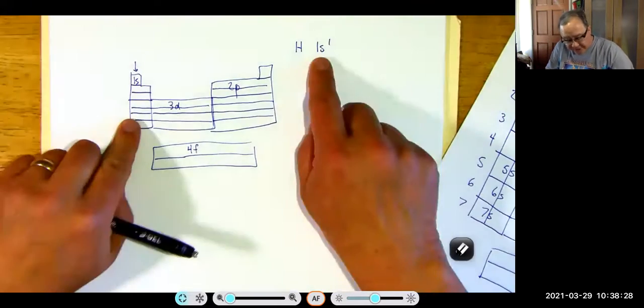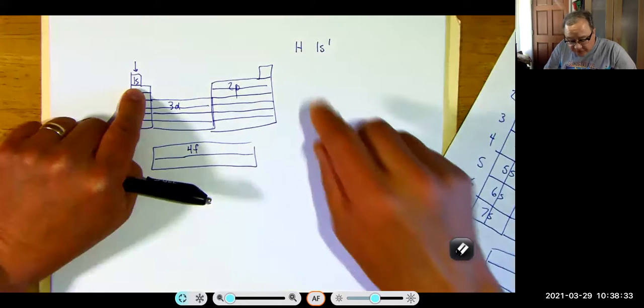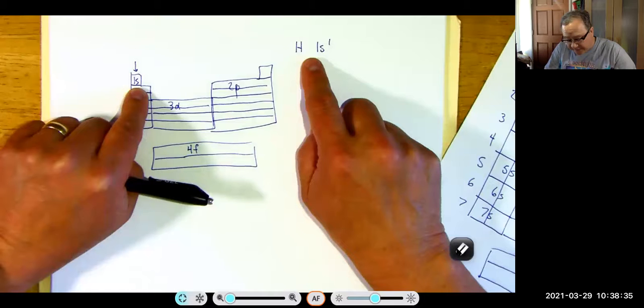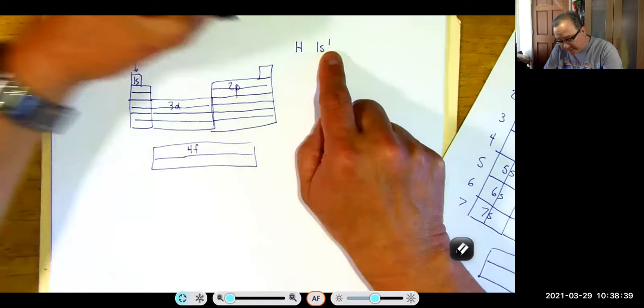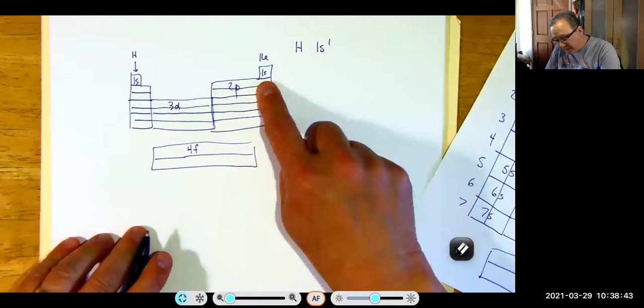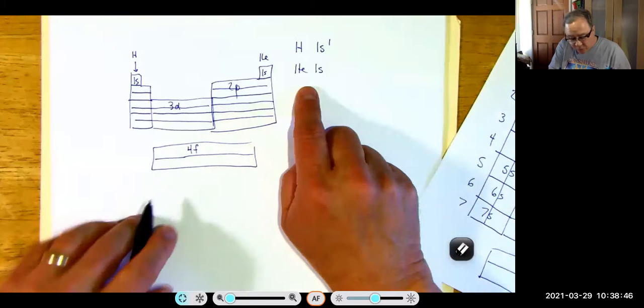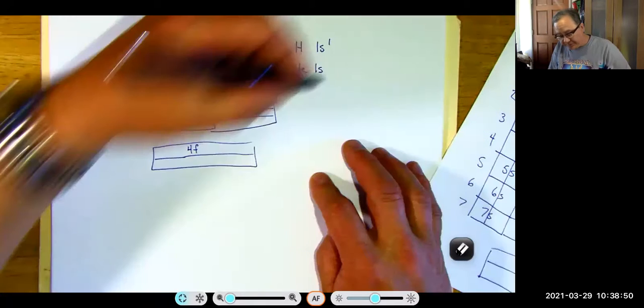So hydrogen is in the S block, and it's the first element in the S block, so that's what this 1 is here. If we look at helium, remember this is part of the 1s. Helium is also going to be 1s, but it's 1, 2. It's the second element in the 1s, so 1s2.